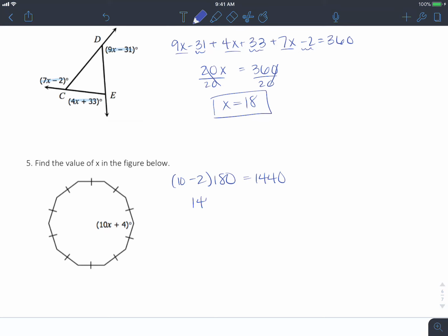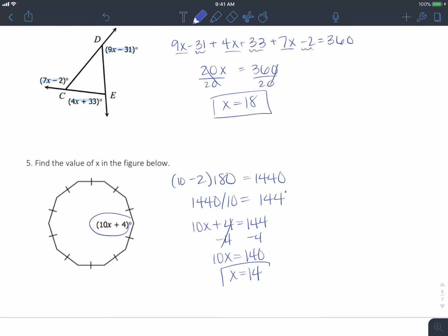Then if we take 1,440 and divide by 10 angles, each angle is equal to 144 degrees. So from there, we know that this angle is equal to 144. So 10x plus 4 equals 144. Subtract 4 from both sides. 10x equals 140. So x equals 14. And that is our final answer.